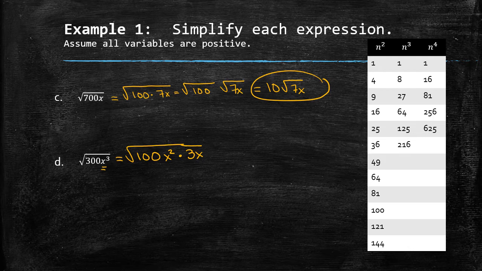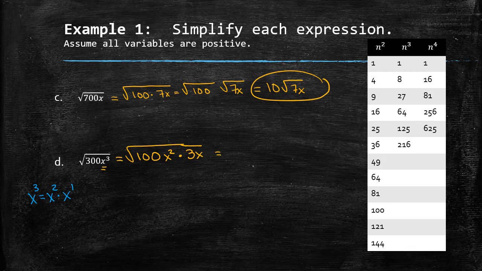So I get back to 300. I'm doing the same thing, just this time also with a variable. For x to the third power, I want a perfect square. So x squared is the biggest perfect square that divides into x to the third power. And I know that by rules of exponents, when I multiply, I have to add the exponents together. So I know those are equal.